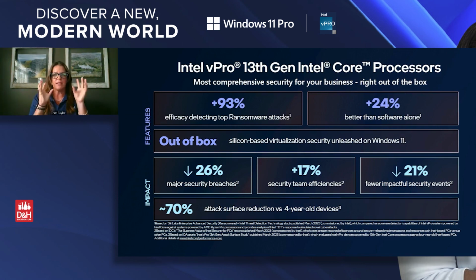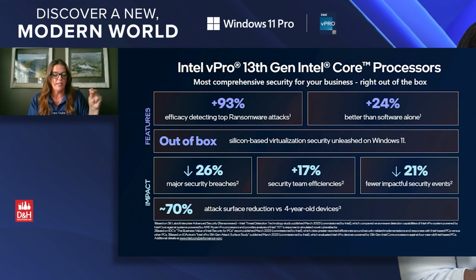So, Mitch had some great information at the start of this around just the impact and the cost and all of that different stuff around security. So when your customers are looking at updating or moving to a modern device with the 13th gen Core processors, again, going back to the 36 different technologies, some of those key technologies, and we'll hit on them a little bit later, but one is the threat detection technology.